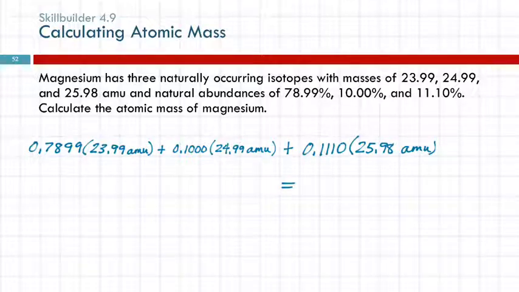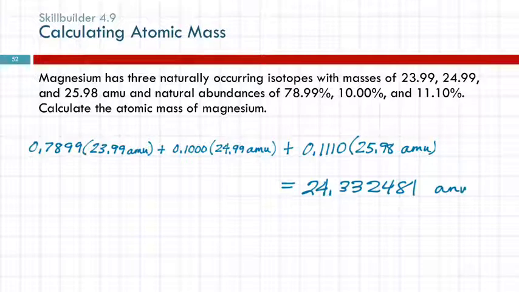So my calculator gives me this answer, 24.332481. The unit there would be atomic mass units. Let's try that again. Everybody get that number? Okay.